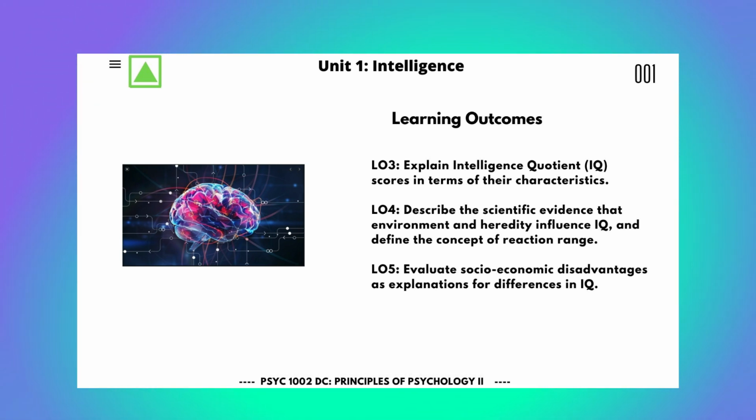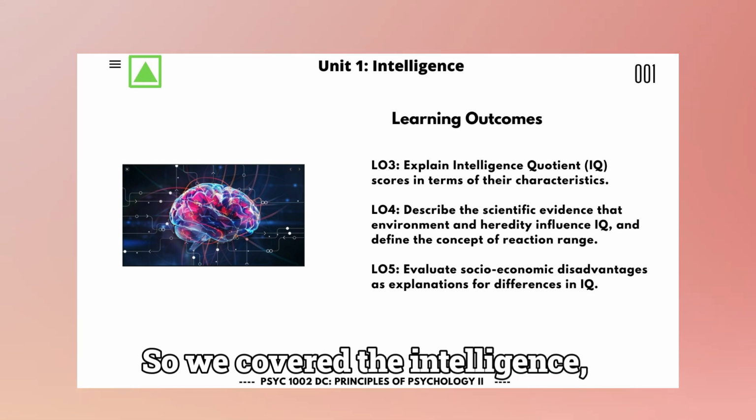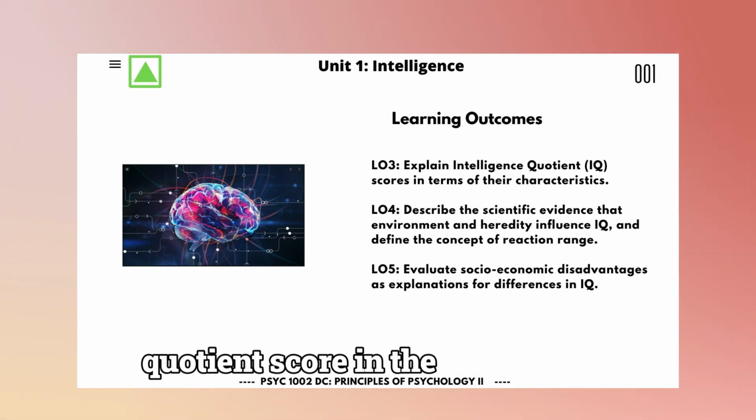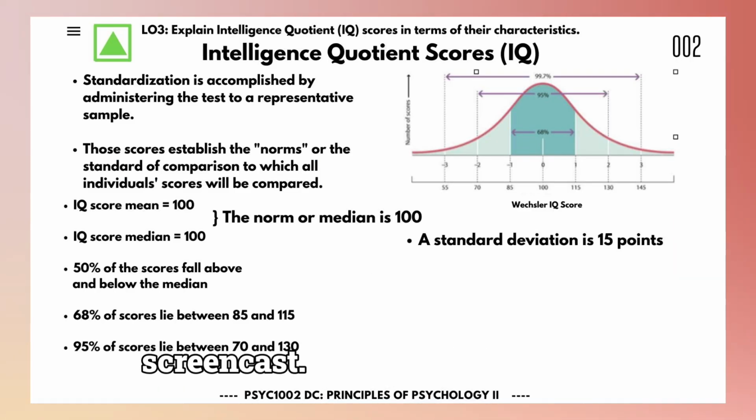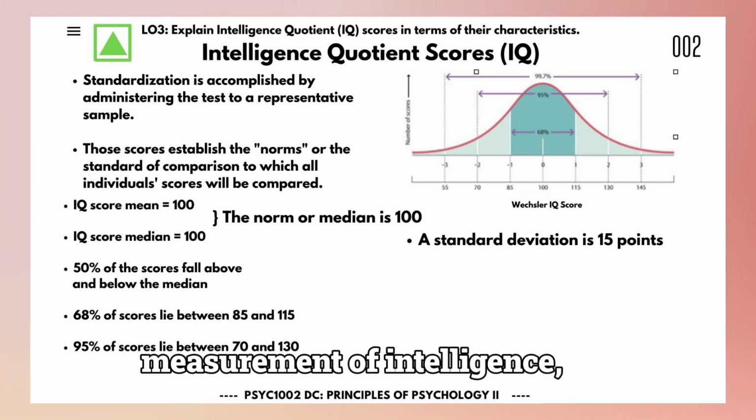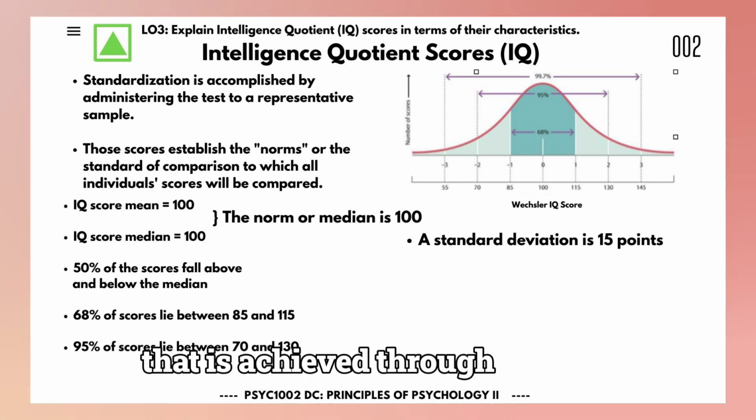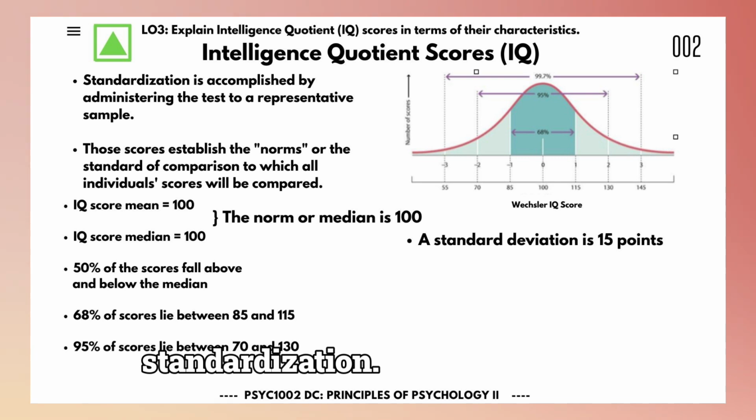So we covered the intelligence quotient score in the last screencast, and there we described how it is a formal measurement of intelligence that is achieved through standardization.